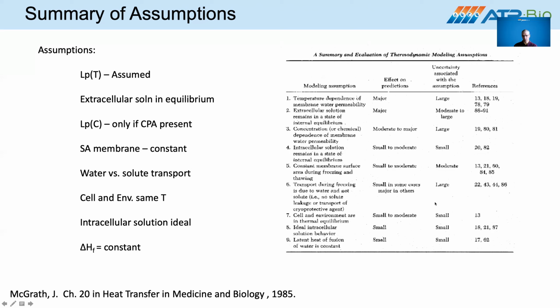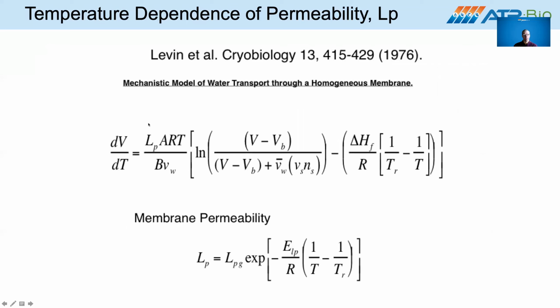And as you can see in this table over here, there was a lot of work that was done on this that he compiled for that nice review. So the temperature dependence of the permeability, you can see this is the whole equation. It's the volumetric change with temperature now. B is actually the rate of cooling. So if you're cooling very, very fast, you can see that's in the denominator, you're not going to get a lot of volumetric change.